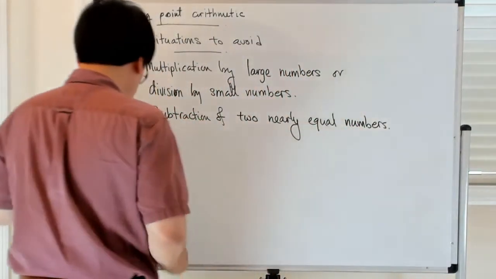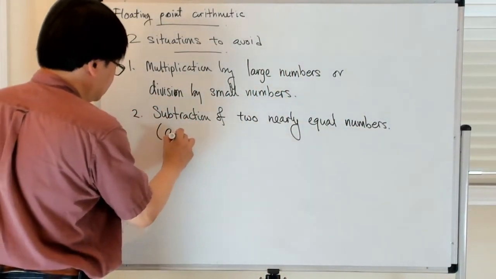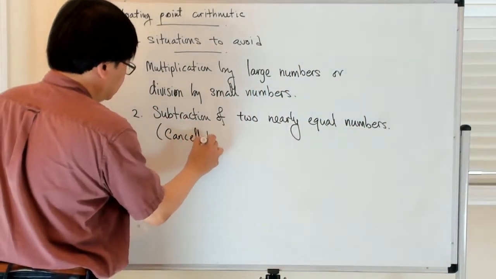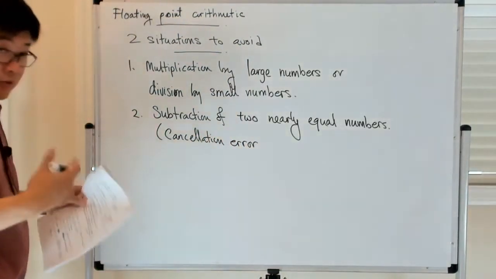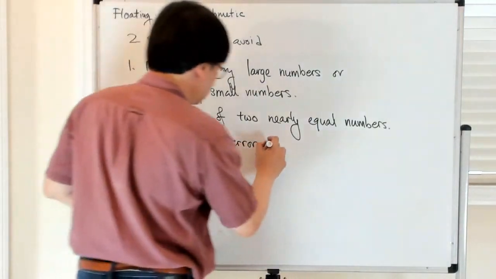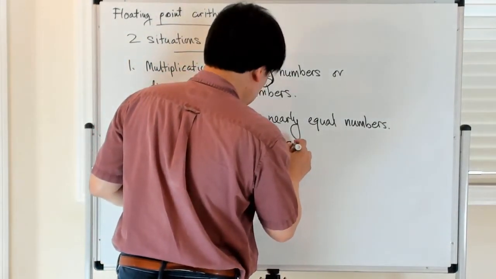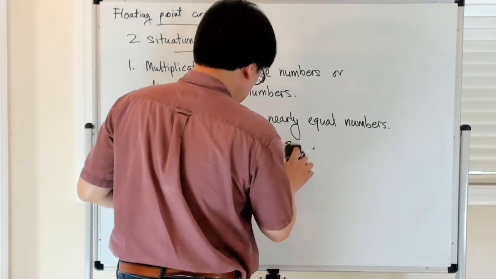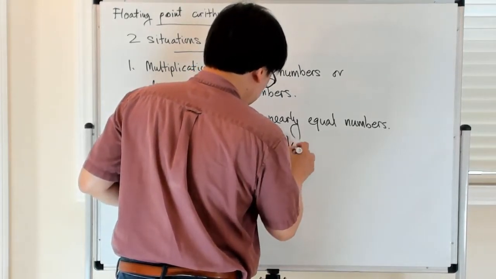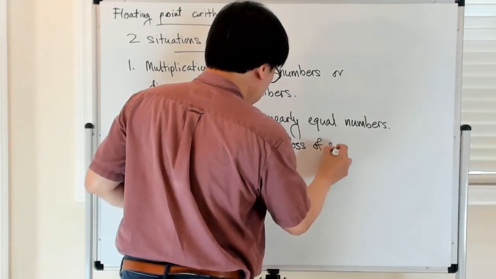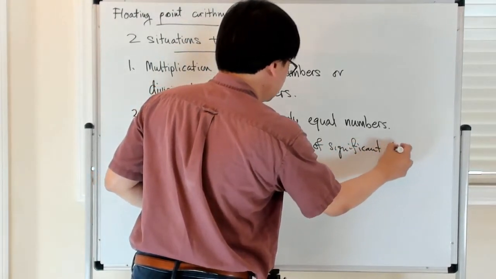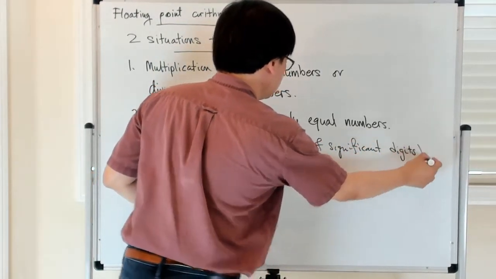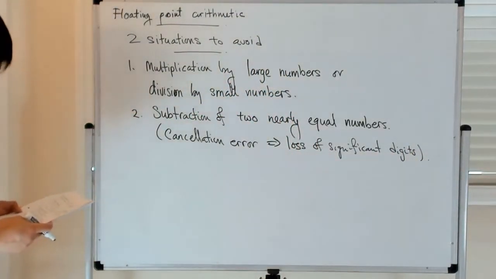This is what is called cancellation error, and this can result in a significant loss of significant digits.